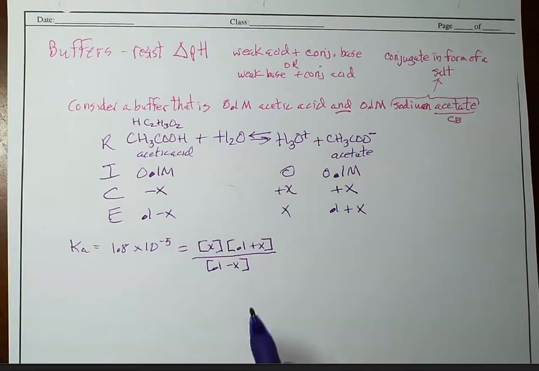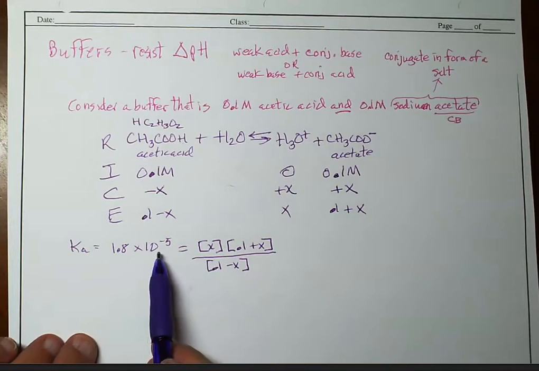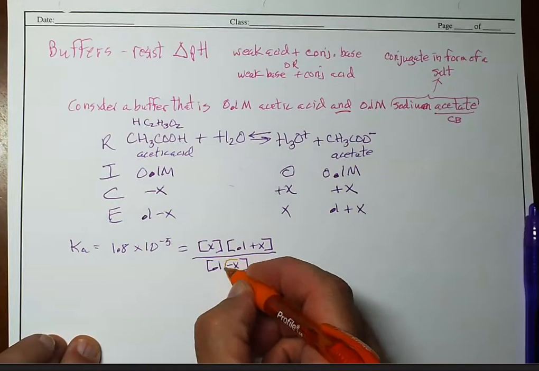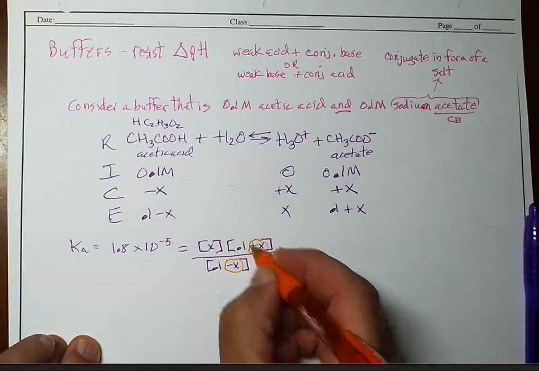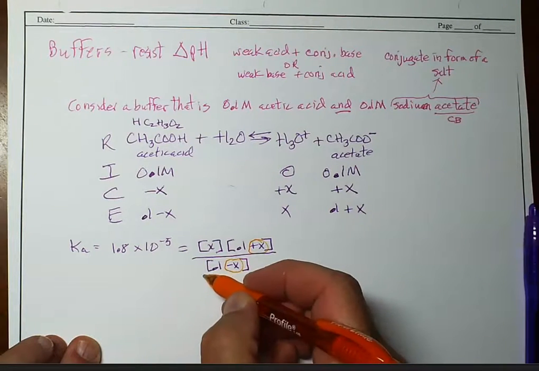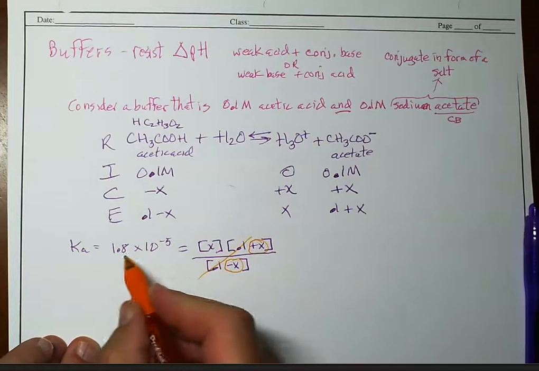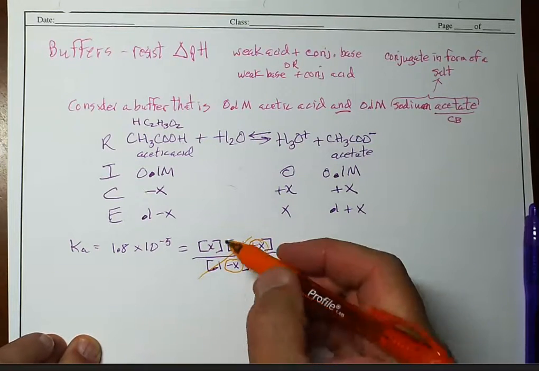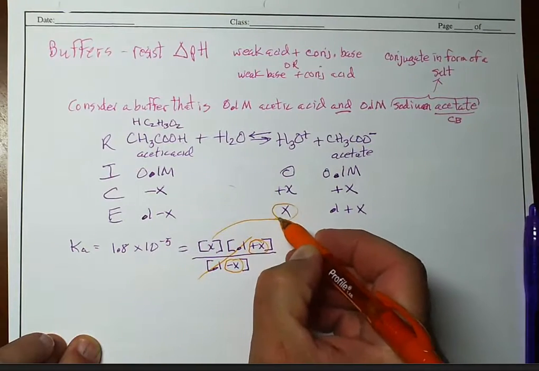So what do you think about adding x and subtracting x when our equilibrium constant is so small? That's not going to be important. So we can cancel these 0.1s out, right? And that tells us that x is simply 1.8 times 10 to the minus 5. Now what did x represent?